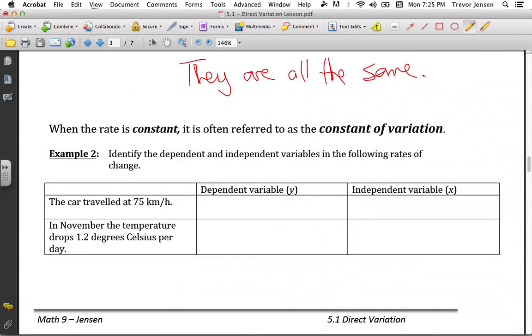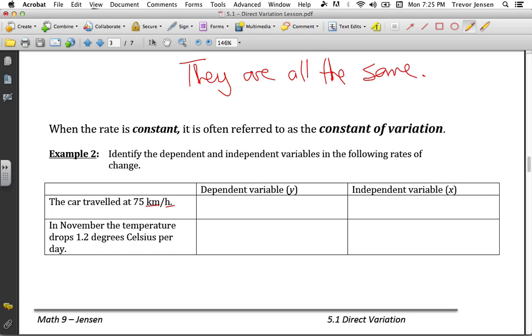So let's look at this. A car travels at 75 kilometers per hour. We've got two variables, kilometers and hours. And if you remember what I said, if you have a unit of time, hours, it's most likely the independent variable, because the hours doesn't depend on the kilometers. The kilometers that you drive depends on the time.